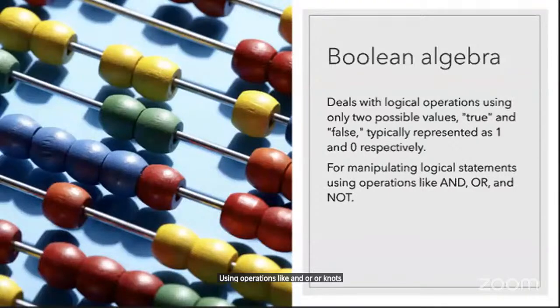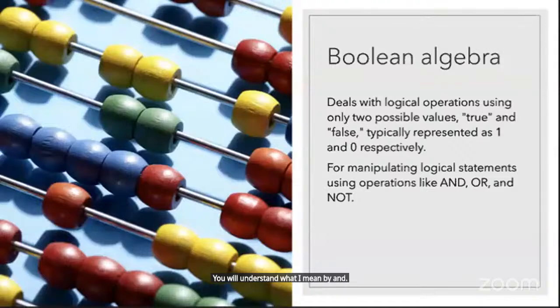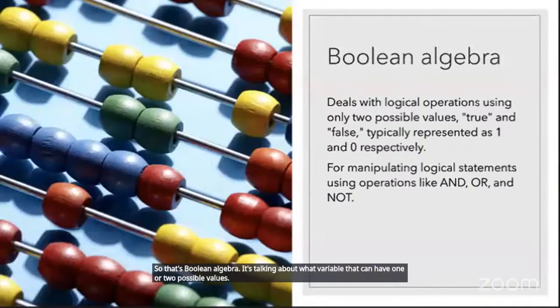If you have done set theory in secondary school, you will understand what I mean by and, or, and not. So that's Boolean algebra. It's talking about variables that can have one of 2 possible values, true or false.